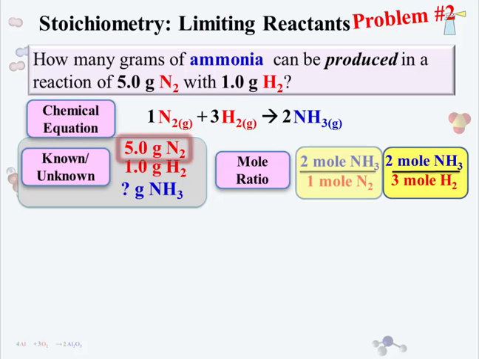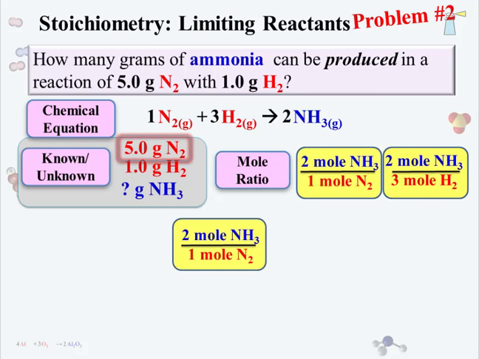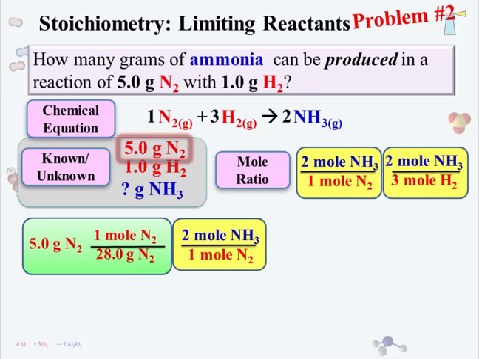Starting with the reactant nitrogen and its mole ratio, which is placed in the center of its solution equation. The 5.0 grams of nitrogen needs to be converted into moles of nitrogen. In step 4, getting into moles, what converts grams of nitrogen into moles of nitrogen? The molecular weight.